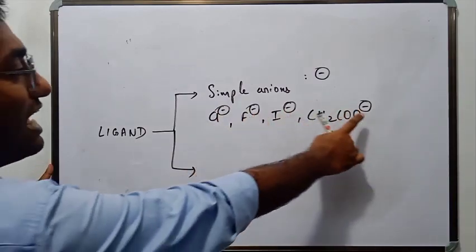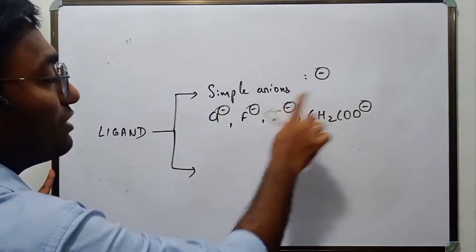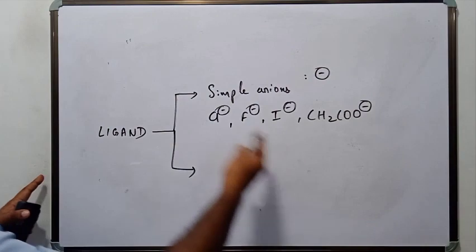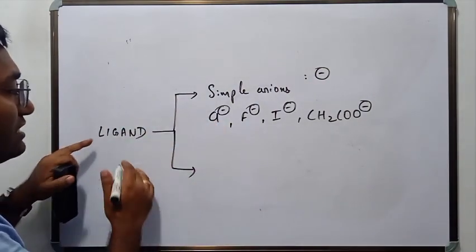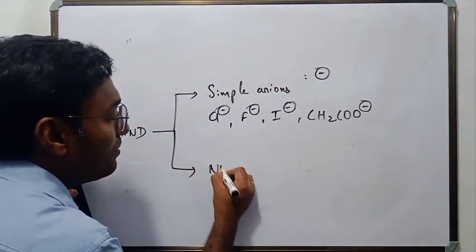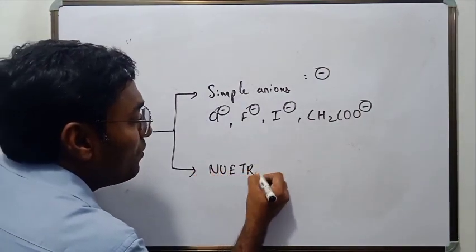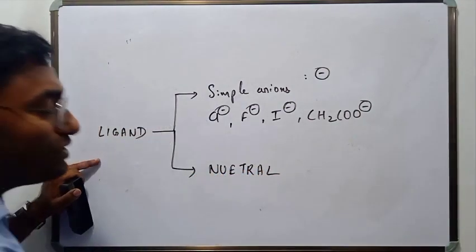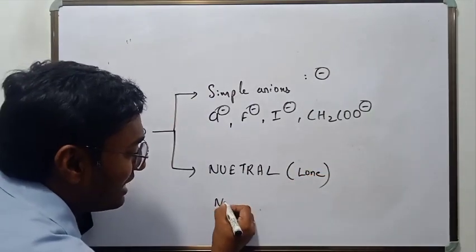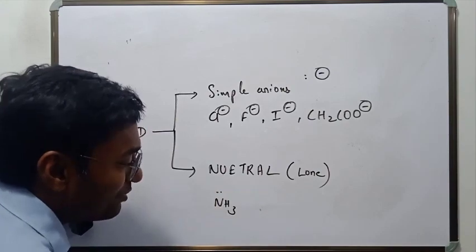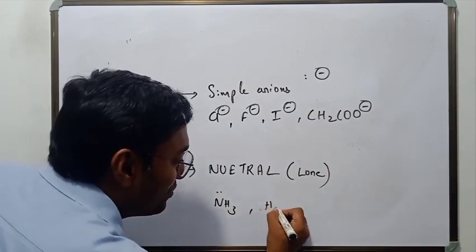So they are simple anions. They have an electron pair, and they can very well donate their electron pair. The second type of ligand is neutral molecules which have a lone pair of electrons. Examples of this are NH3. See, it has got a lone pair of electrons. H2O.